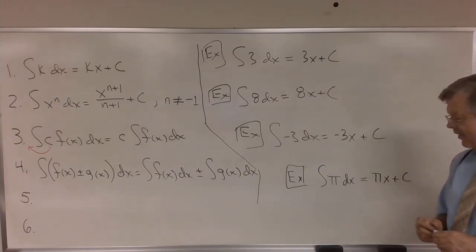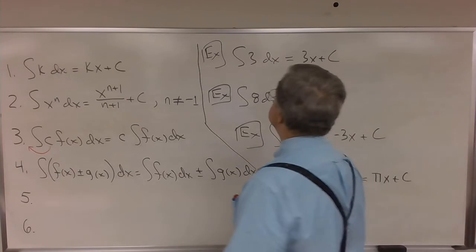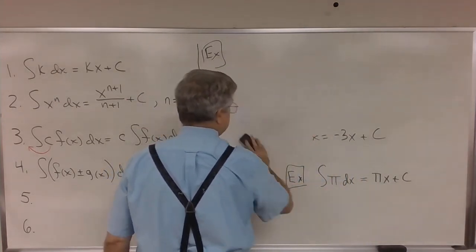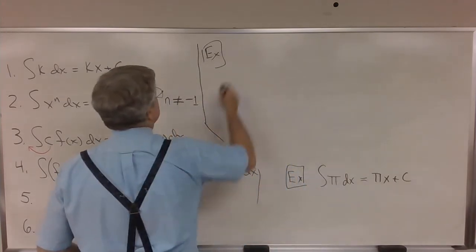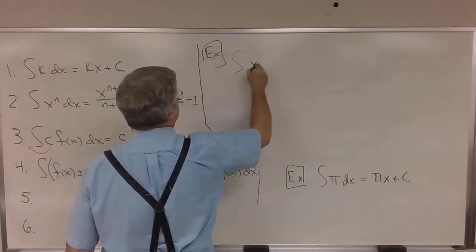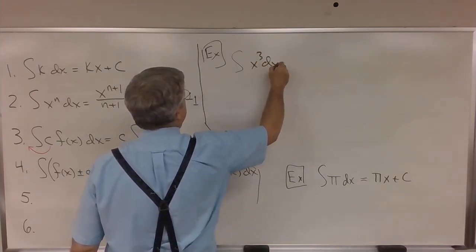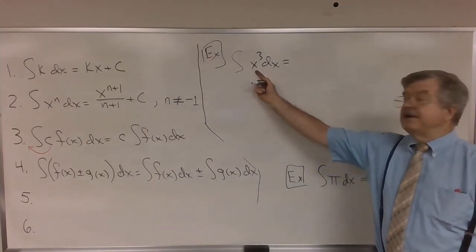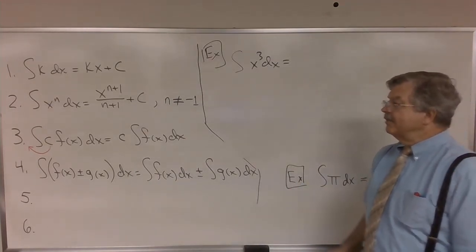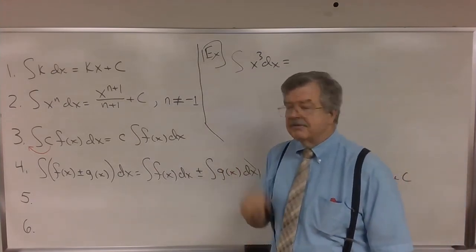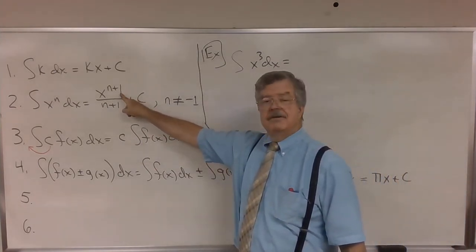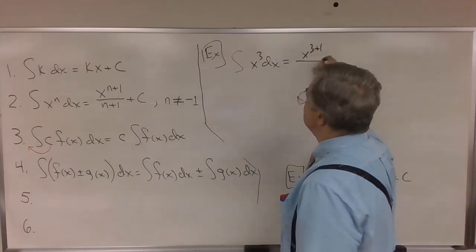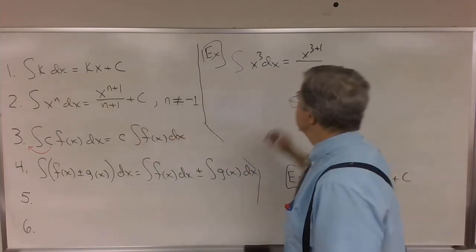Let's do some power rule exercises. The integral or antiderivative of x cubed. The power rule says we do two things. First, we add 1 to the exponent. And then we divide by the new exponent.